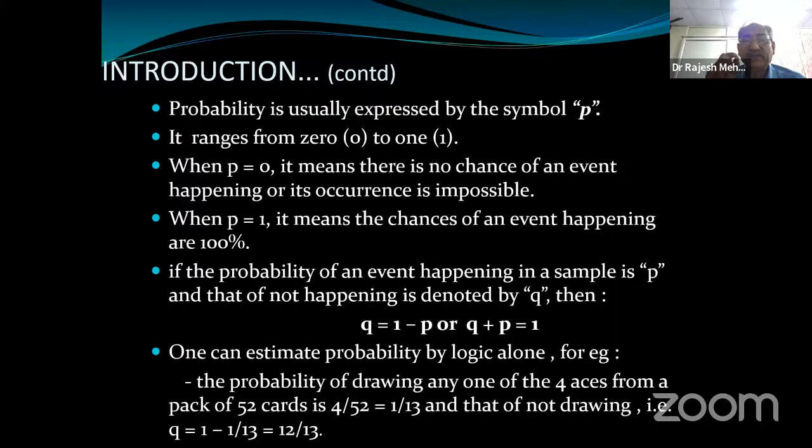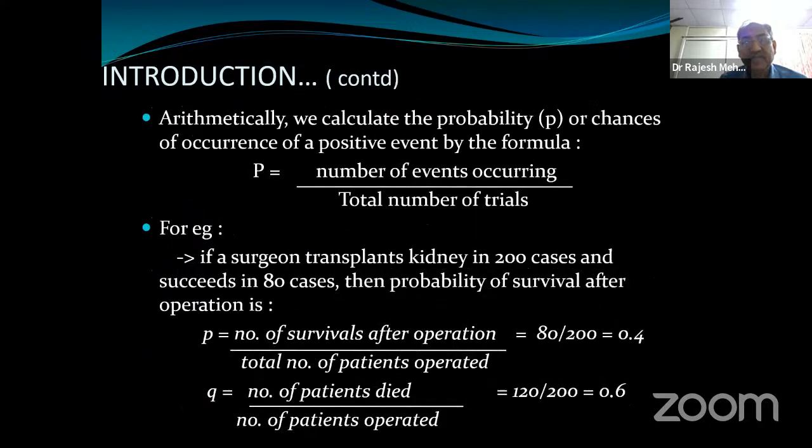That will be the probability of an ace of any color, and not getting an ace will be 12 upon 13. So Q is equal to 12 upon 13, P is 1 upon 13. Simple-looking probability is absolutely important.